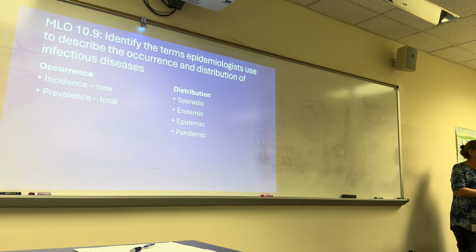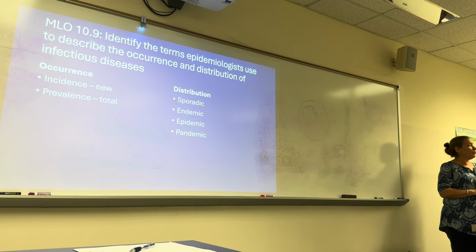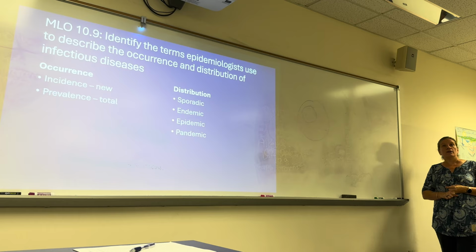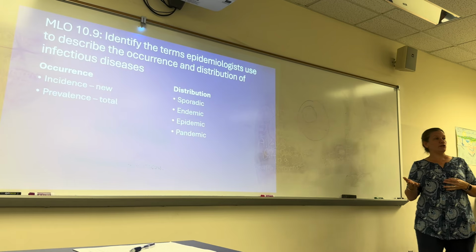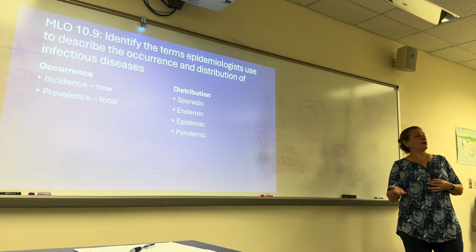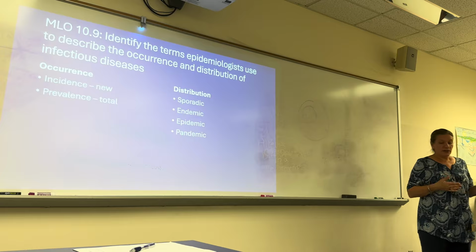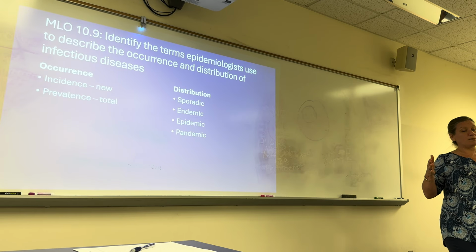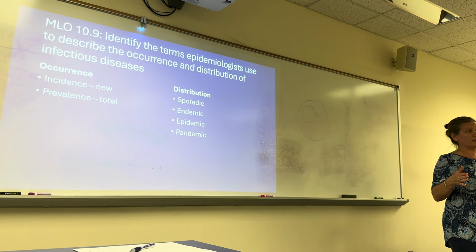And then with that occurrence, they'll look at where in the US or in the world things are happening, and during what time of the year. In fact, with COVID, that's how they knew it was a different virus, because we knew the influenza virus has its peak time during a specific time of the year.